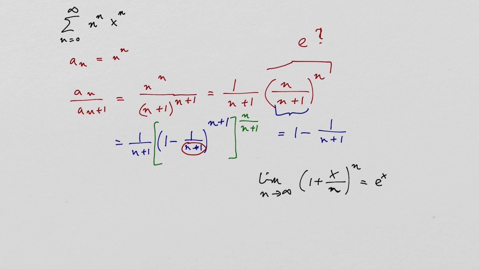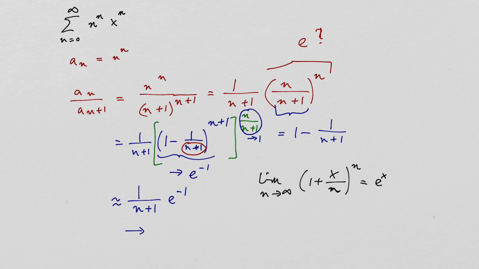Now this term here will tend to e to power minus 1, and this power seems to go to 1. So it seems that our fraction is almost like this kind of number when n is large.